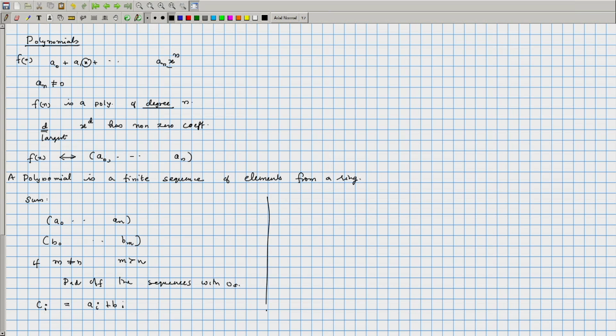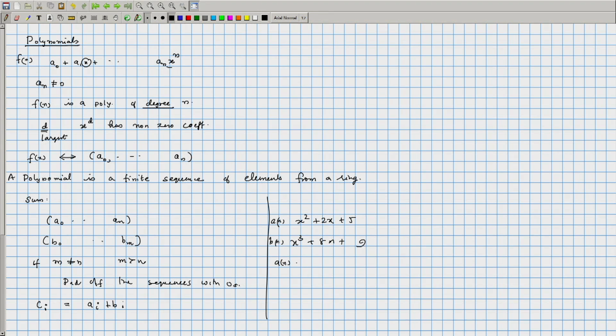So, if you had this polynomial x square plus 2x plus 5 and another polynomial x cube plus 8x plus 9. This is your first polynomial, let us say this is a(x) and this is b(x).